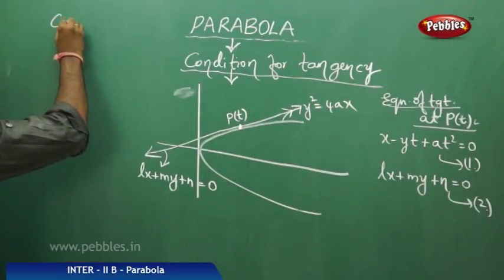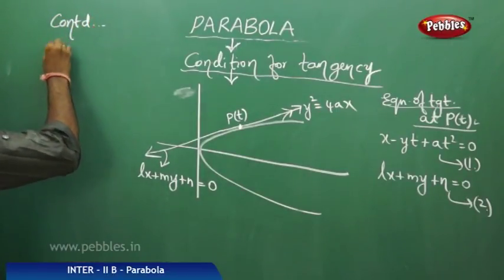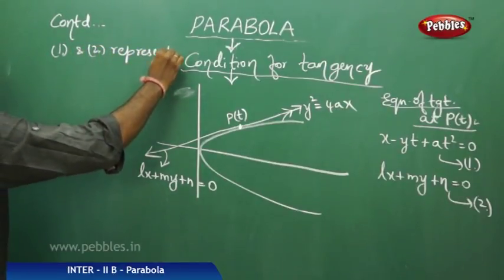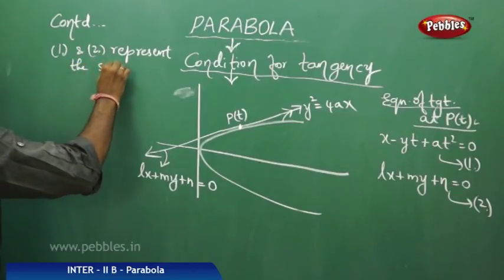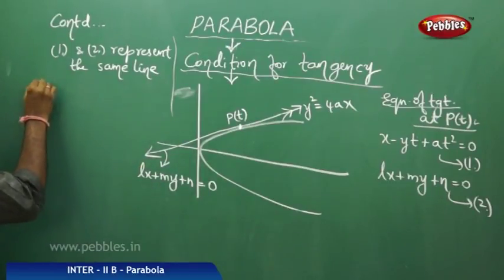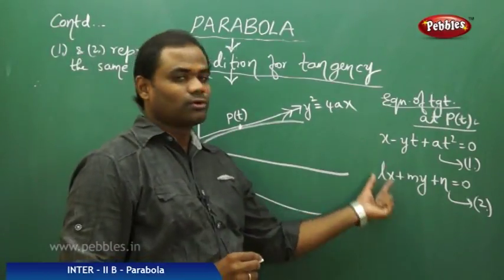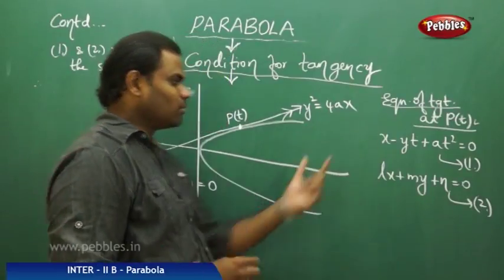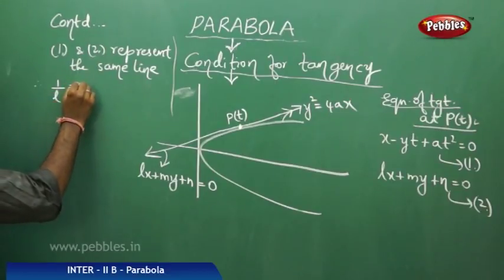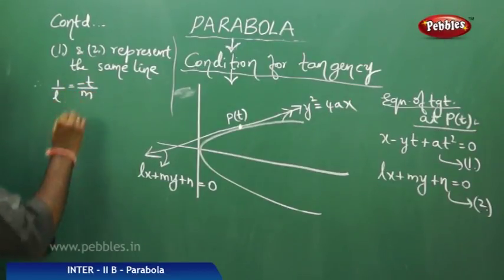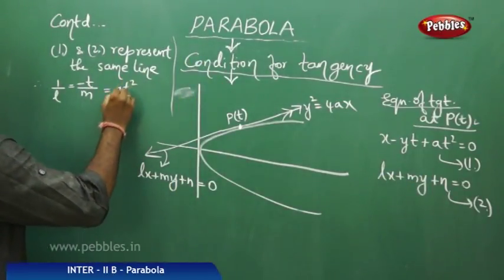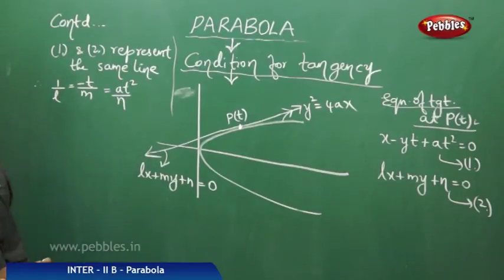Therefore 1 and 2 represent the same line. Therefore their corresponding coefficients must be in same ratio, that is L by 1 or 1 by L equals minus t by m, and that equals at squared by n is what we get.